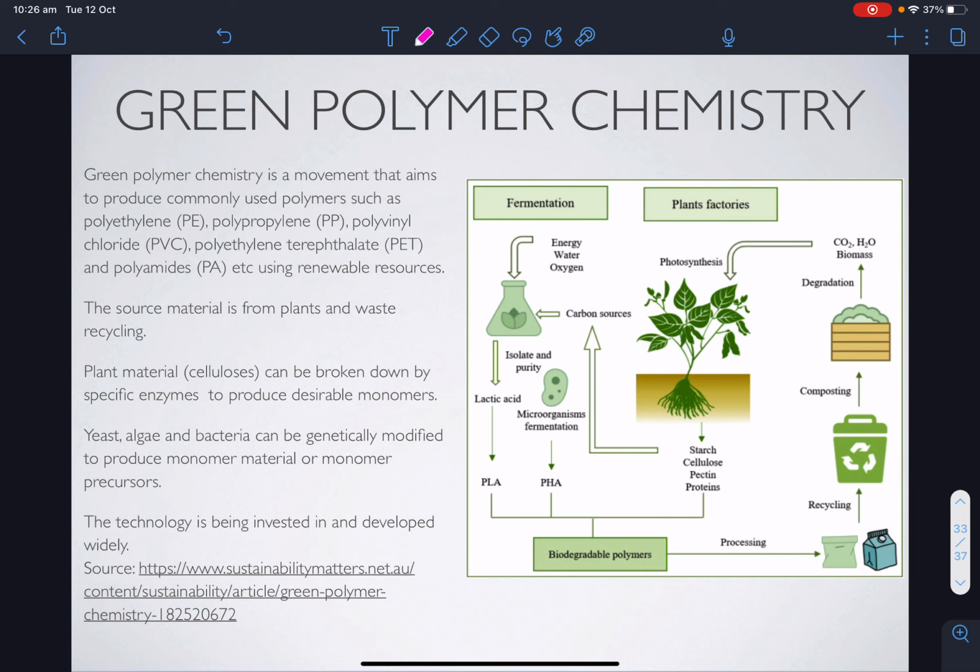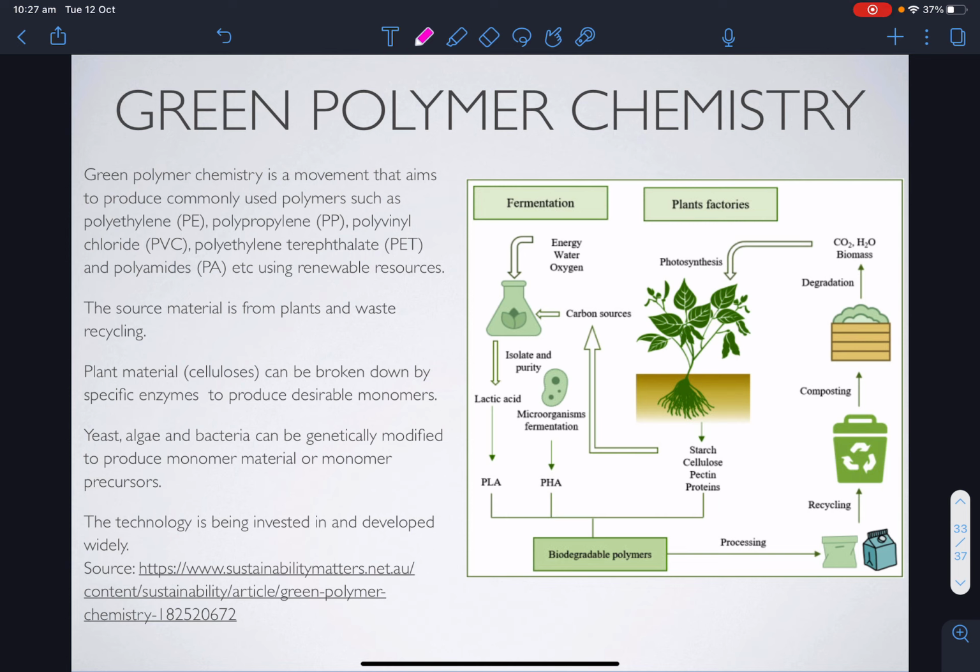But one of the problems is these so-called biodegradable plastics just break down into microplastics, where they can do more harm to living things than before. So there's a lot of problems around the polymers that are so-called natural. But with this green polymer chemistry movement, they were approaching it in a slightly different way, okay?